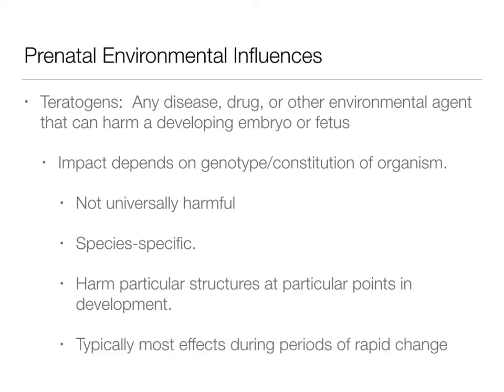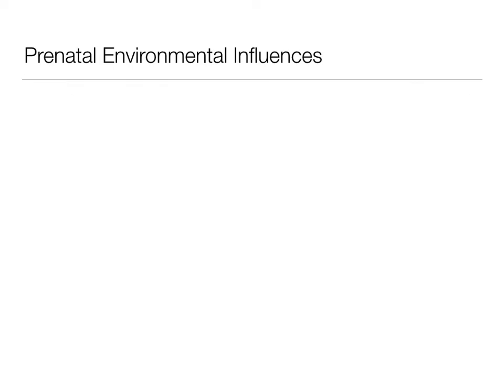And again, most typical effects are happening during these periods of rapid change. That's why I started this lecture talking about critical and sensitive periods, because this is when those teratogens are going to be most impactful, during these periods of rapid change.